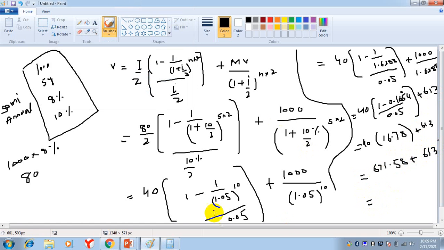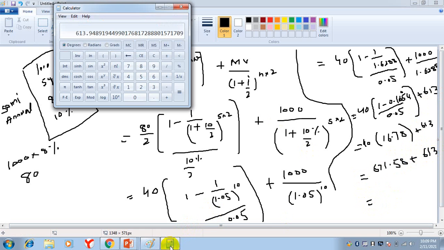So 671. If there is some mistake in the calculation, then calculate it yourself. I'm using this calculator, so it is difficult. Sorry, 613 plus 671.58.